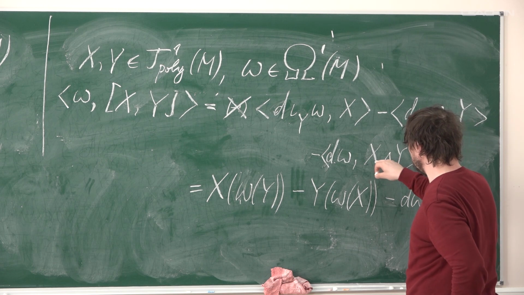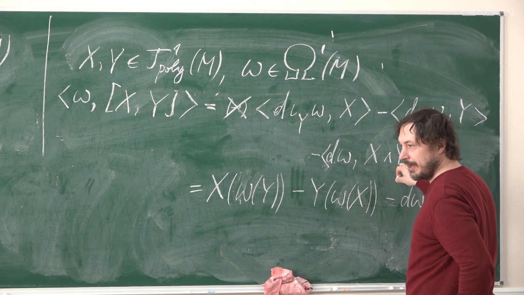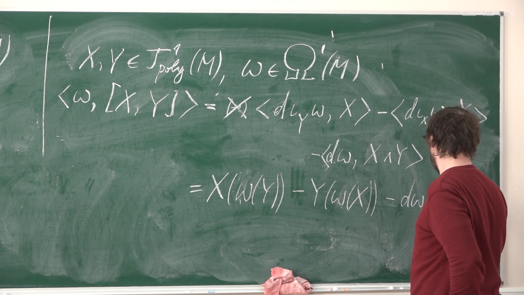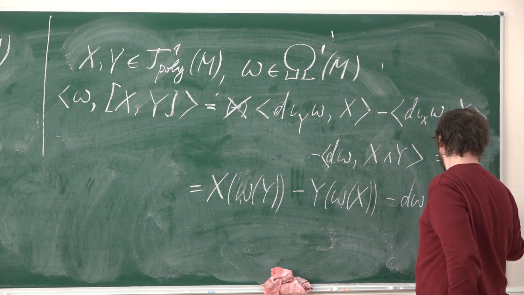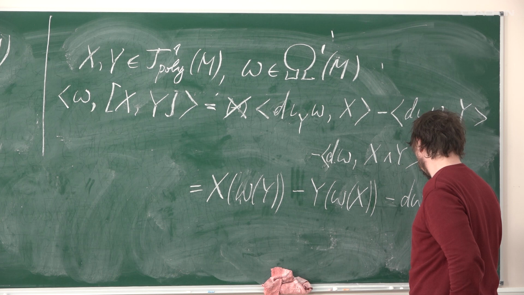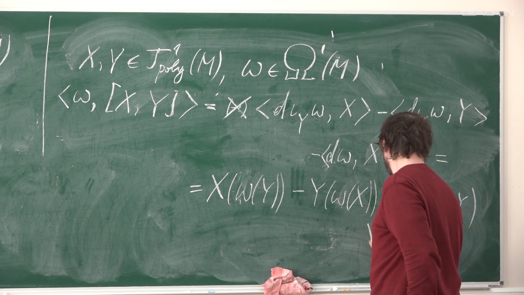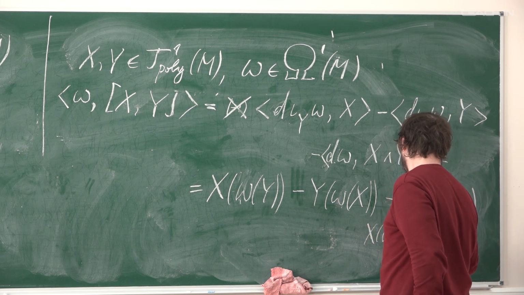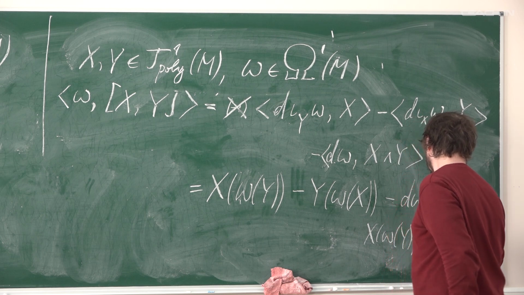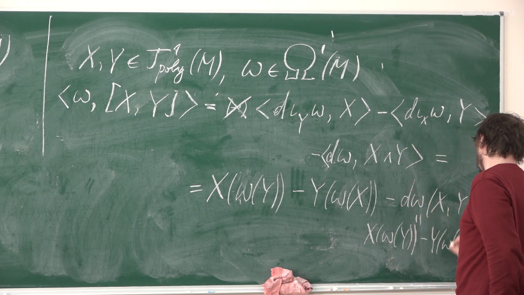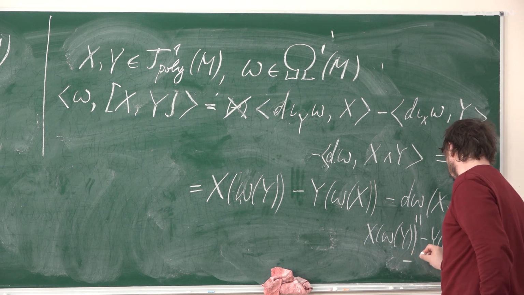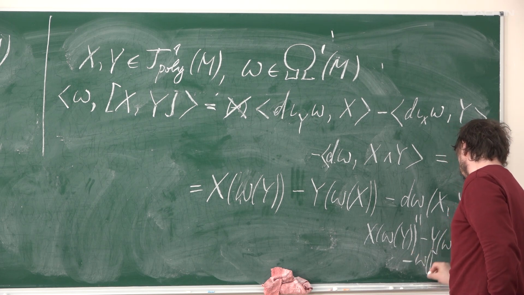This contraction is just the value of d omega on X and Y. But now, by Cartan's magic formula, it is equal precisely to X of omega of Y minus Y of omega of X minus omega of the commutator of X and Y.